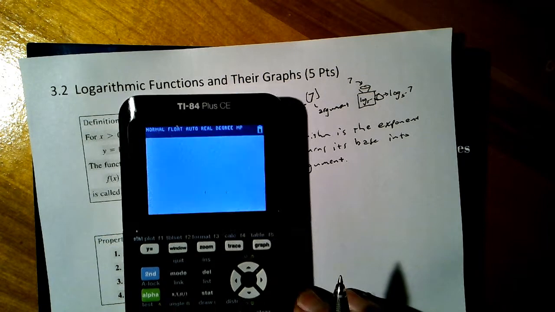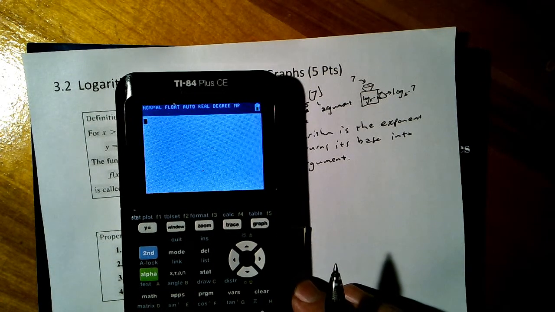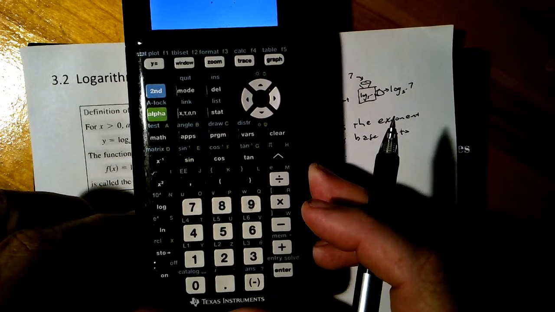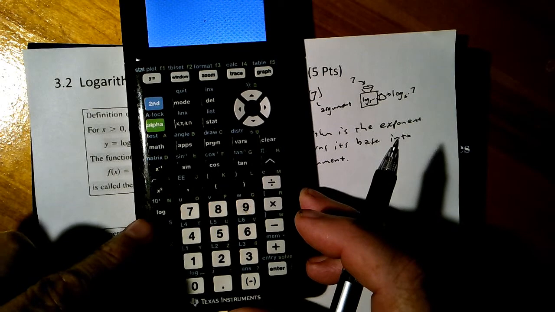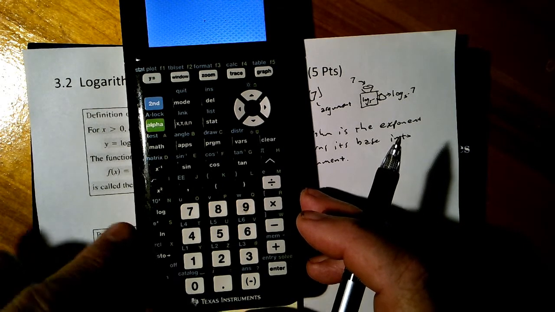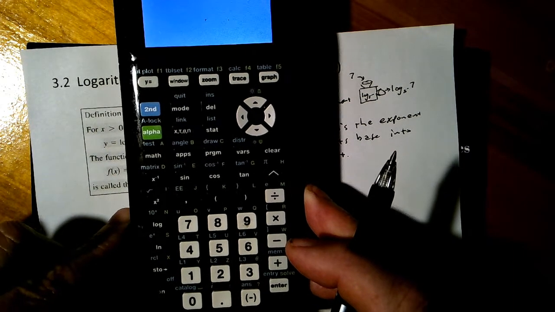On your calculator, there are other ways to get here, but you can get to log base. Now, we have a log button, but that's log base 10, and ln is log base e, and e is a number that we're going to talk about quite a bit and is used a whole lot in calculus.